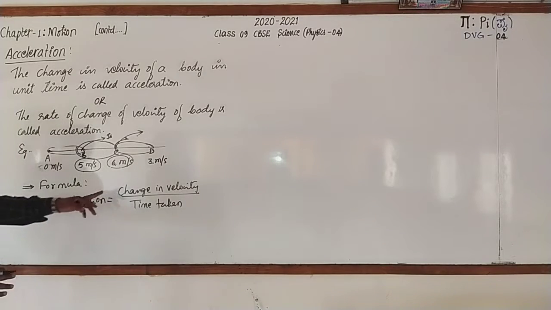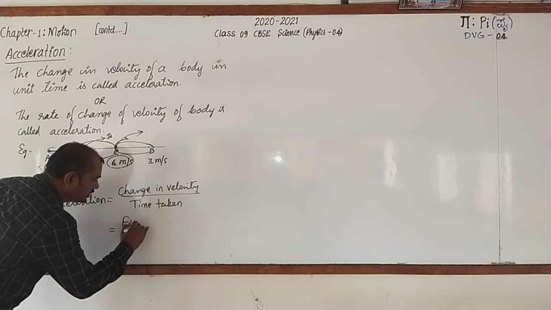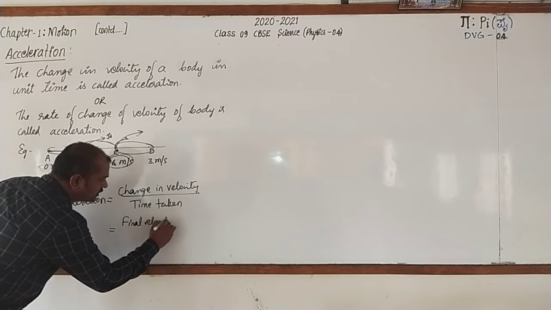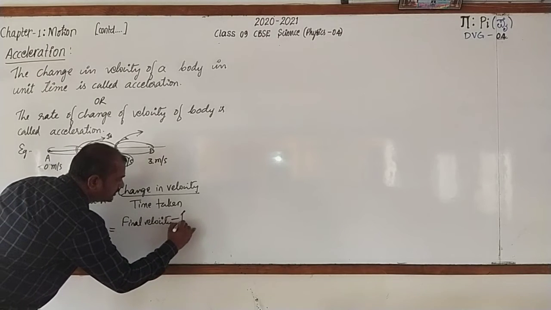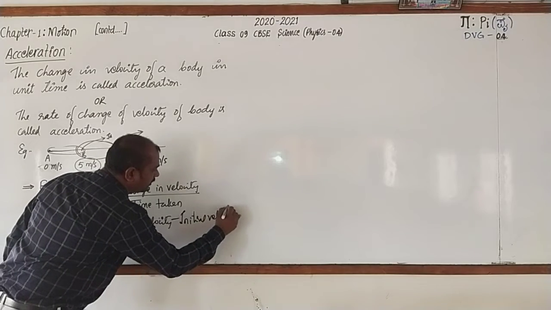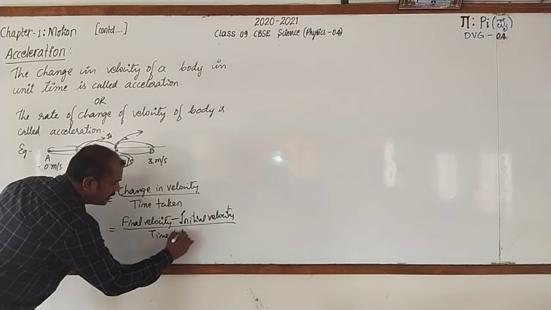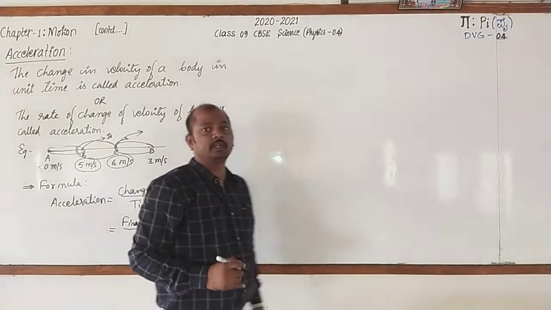Clear? Hence, we can write change in velocity as final velocity minus initial velocity by, again, time taken.